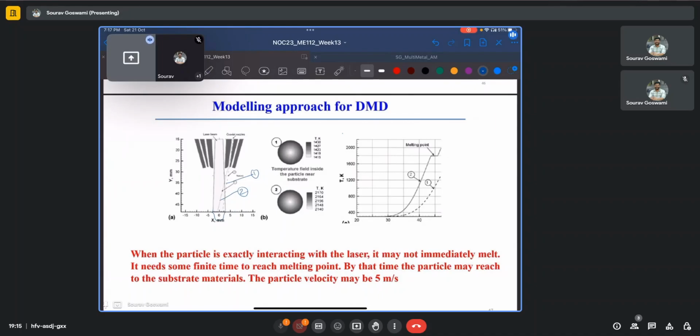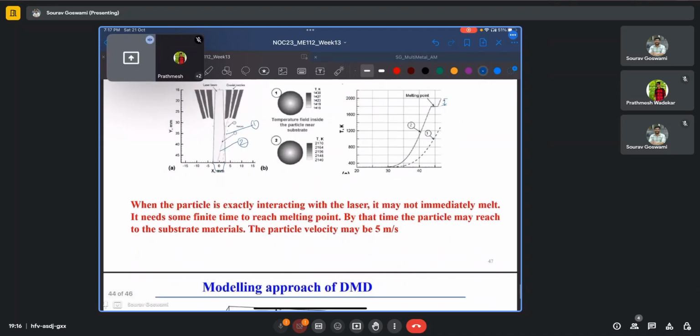This can be seen for particle 2, which has sufficient time to interact with the energy source, and thus not only does it reach the melting point at which it transforms from solid to liquid, it also gains a certain degree of superheat, which it then transfers as excess energy to the substrate.